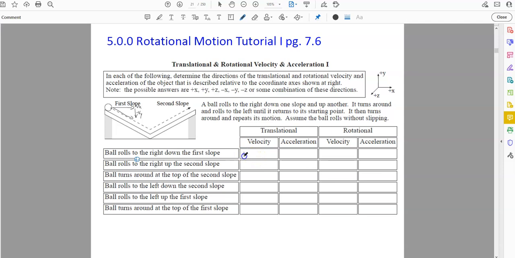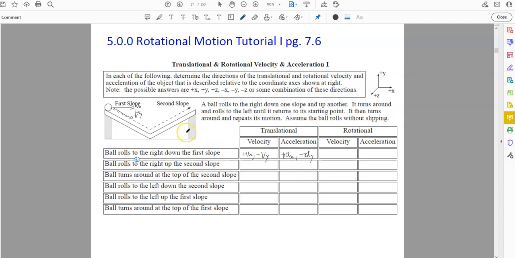So it's got a positive x direction velocity but a negative y direction velocity. In the x direction, the acceleration is in the same direction as the x direction velocity, and in the y direction, it's in the same direction as the y direction velocity vector.